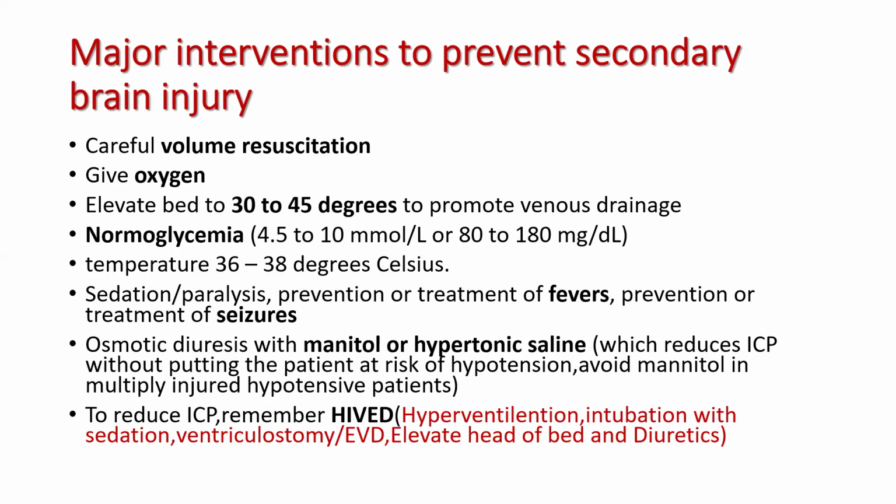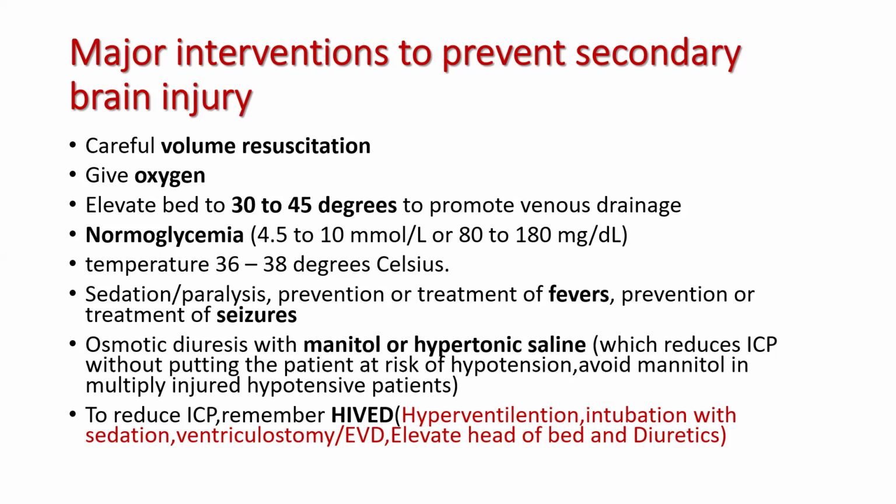So the major interventions to prevent the three things that I've talked about: we have to do careful volume resuscitation, because you don't want to over resuscitate or under resuscitate. You have to give oxygen to the patient.